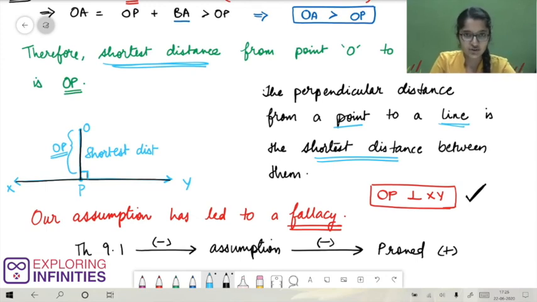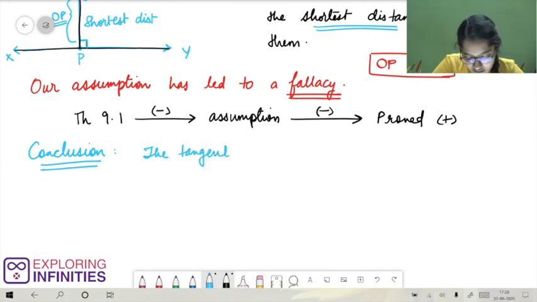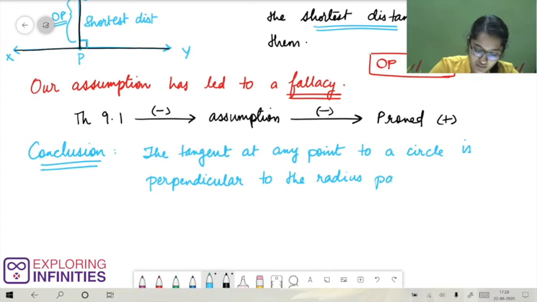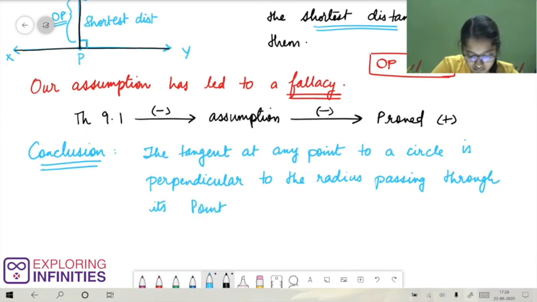Hence, we can finally conclude that the tangent at any point to a circle is perpendicular to the radius passing through its point of contact. So this is the proof to our statement 9.1.